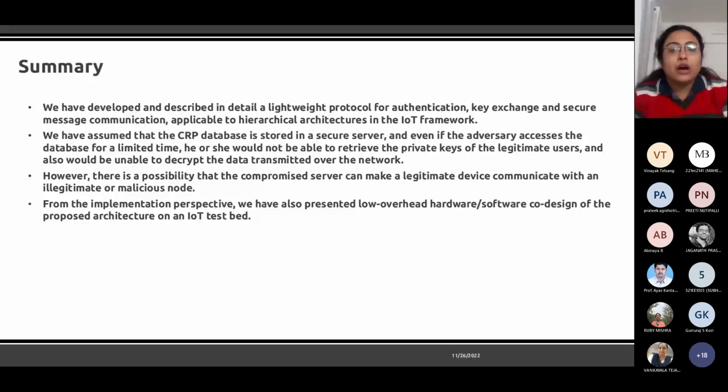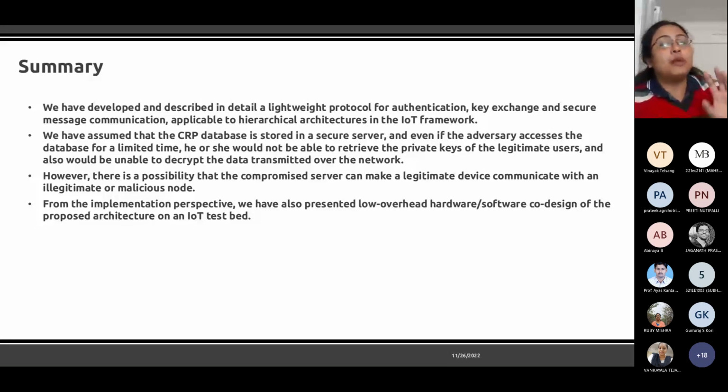There are a few things in my paper. It is not that I am proposing PUF-based authentication protocols for the first time. There were a lot of other protocols proposed earlier. Now, what do I mean by low overhead? It has many terms. One is that the hardware area of the PUF should be less.